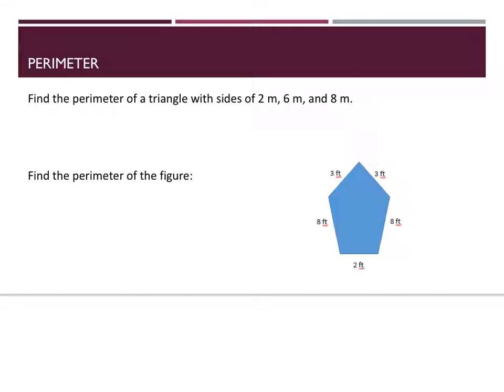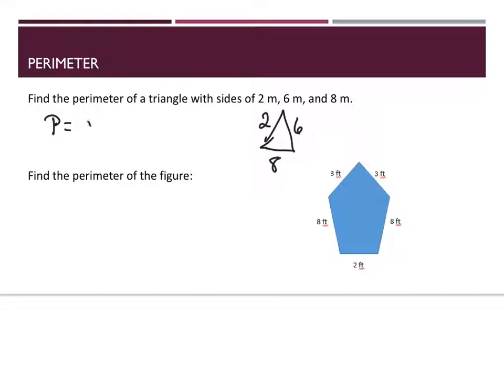Perimeter of a triangle, and it gives me all 3 sides. Triangle, you just add up all 3 sides. Okay, that's a really sad looking triangle. But if I have sides of 2, 6, and 8, I just add them up. Well, that's what the formula says.